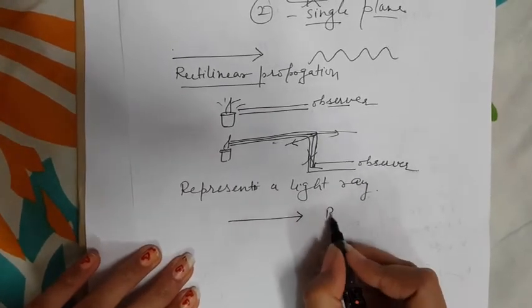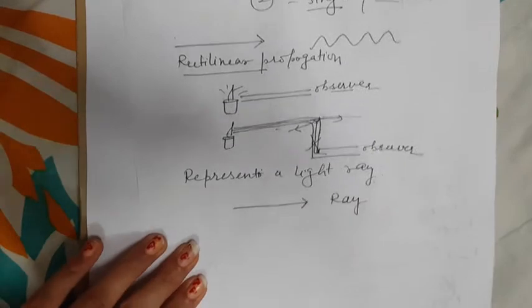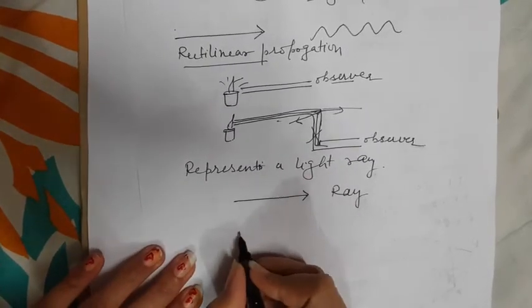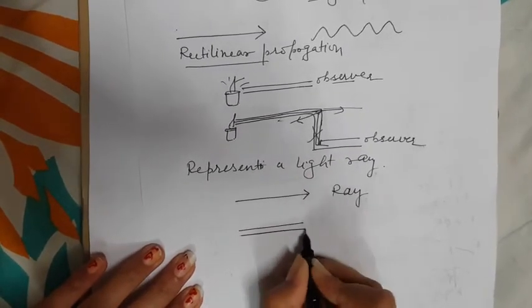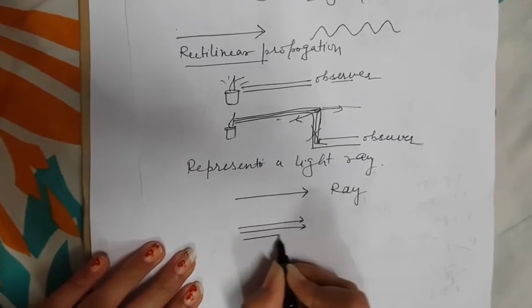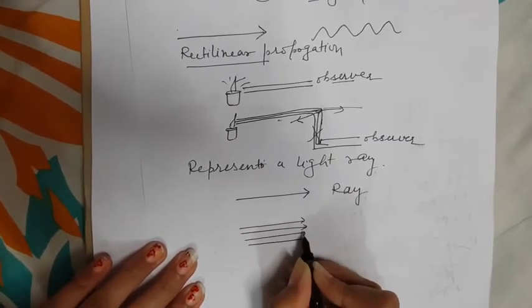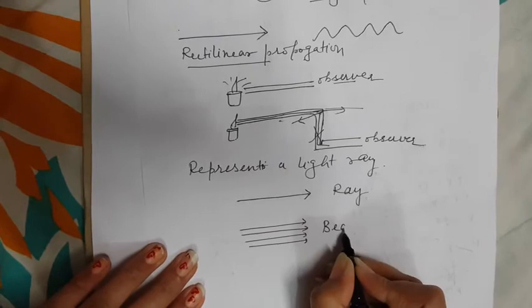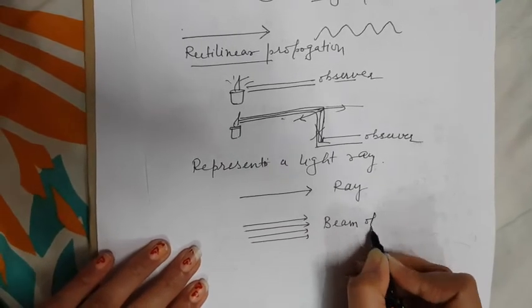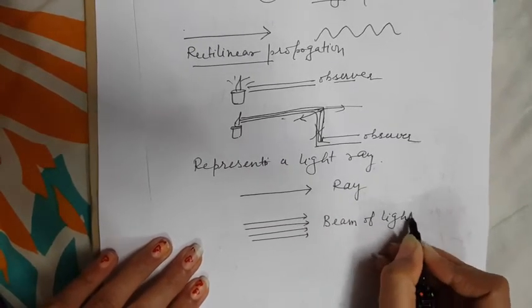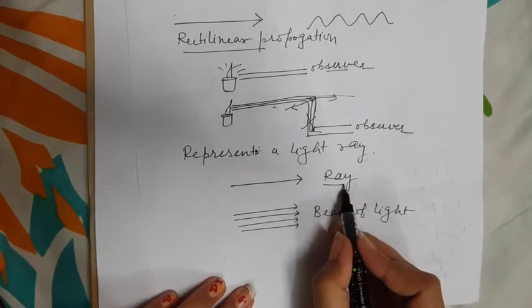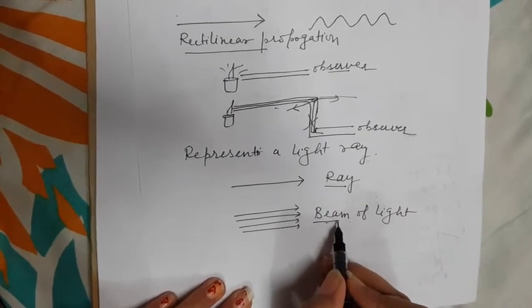This is known as a ray of light. And if there are several rays of light coming together, this is known as a beam of light, or we can say the cluster of rays is known as a beam of light.